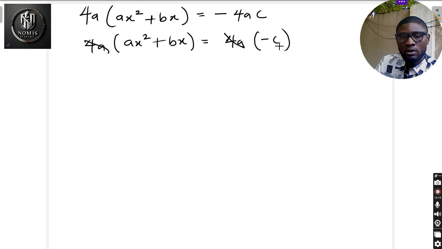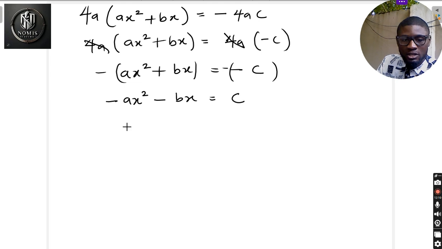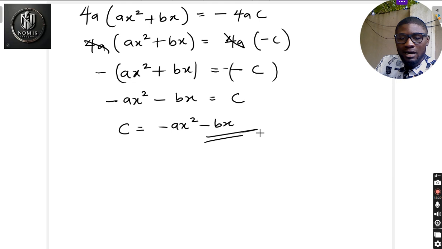So this is ax squared plus bx equals minus c. Multiply all through by minus. If I multiply all through by minus, I have minus ax squared minus bx equals, minus times minus is plus, and here we have c. I just made c the subject of the formula. So c is equal to minus ax squared minus bx, and that is our final answer.